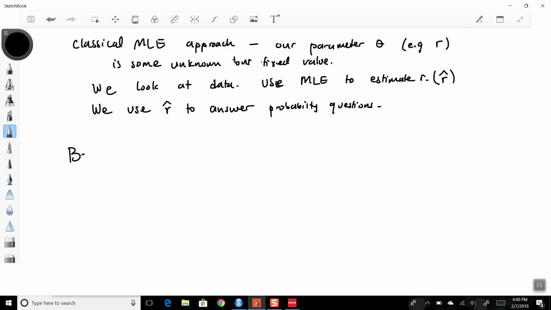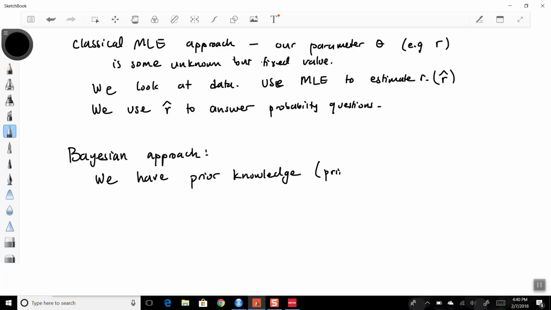Okay? The Bayesian approach is this. We have prior knowledge, or this could just be prior beliefs, about theta, or R, whatever we're talking about. So we have some prior beliefs about theta, our parameter that we're trying to estimate.